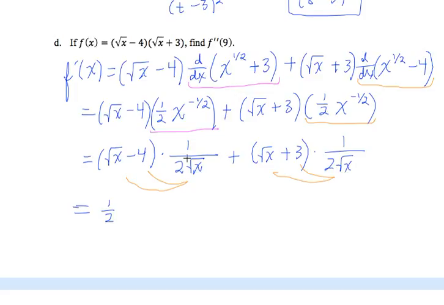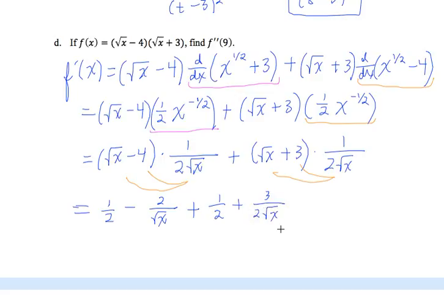Then we have minus 4 over this. 4 divided by 2 is 2, so that'll become minus 2 over root x. And if we distribute here, root x times 1 over 2 root x, the root x's cancel, so we get plus 1/2. And then plus 3 over 2 root x.